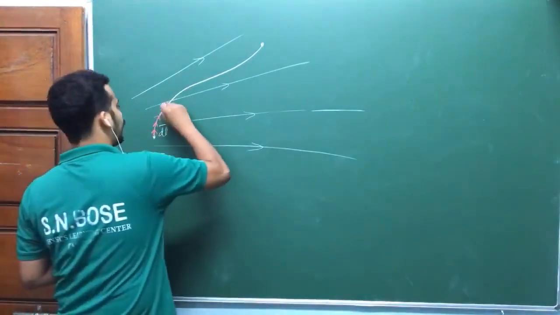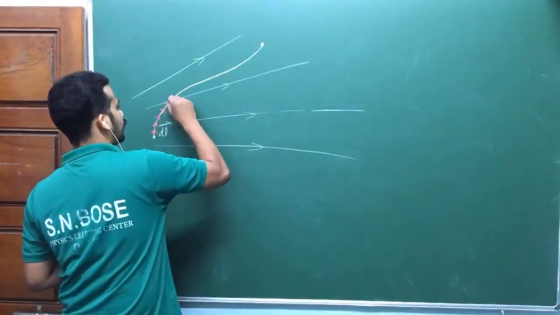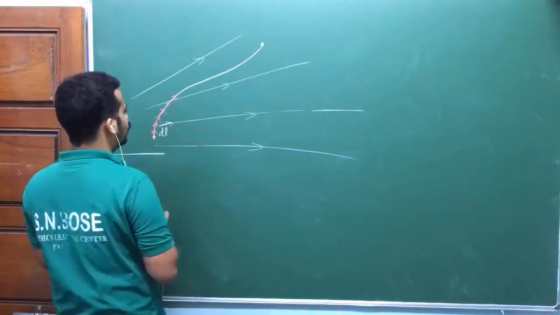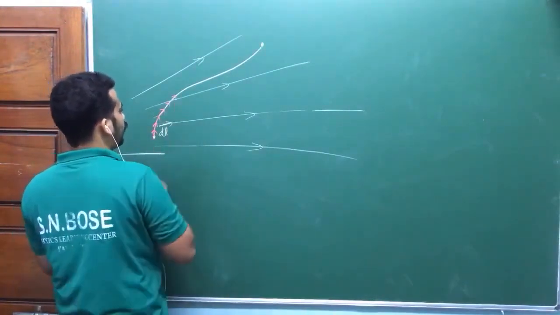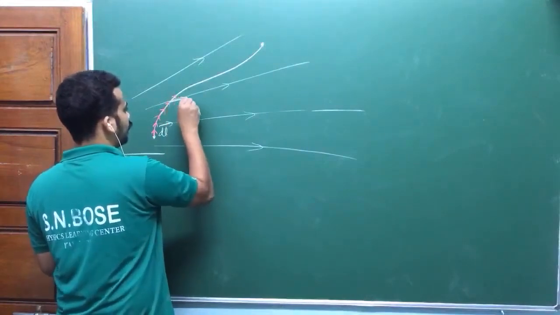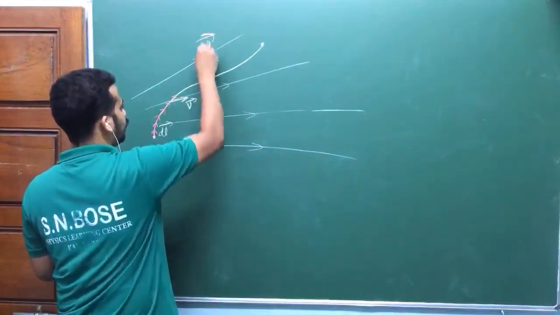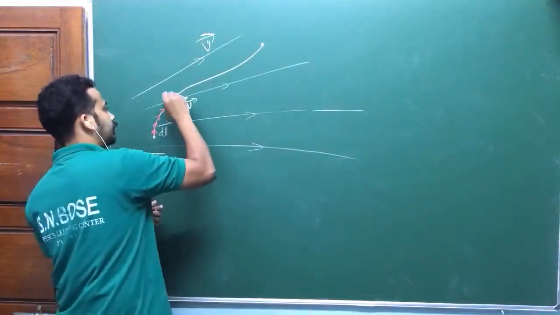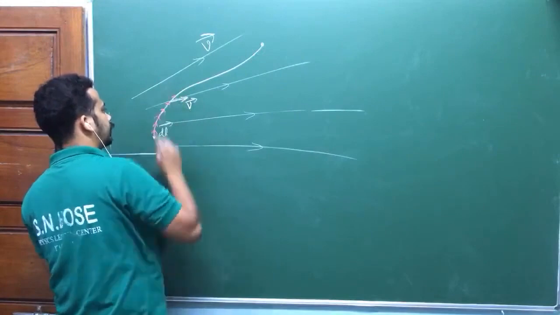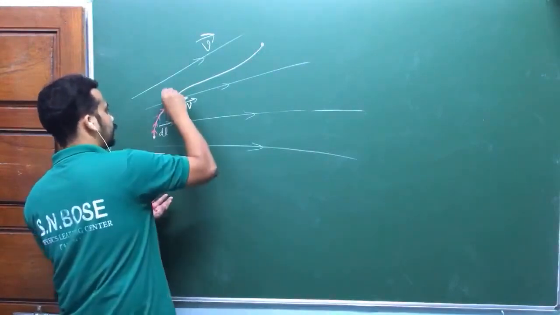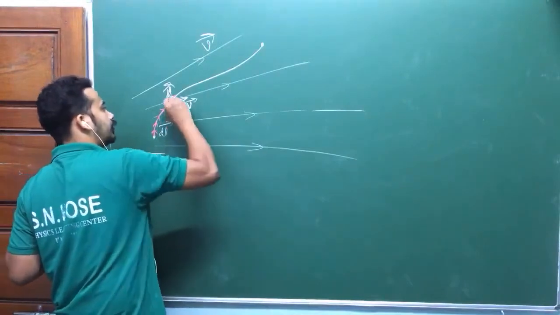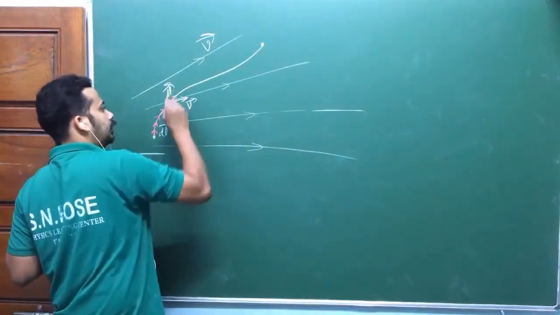So at each and every point, I'm going to take the dot product of my vector field, which I'll call V, with this DL vector. Suppose you take any point here, you have DL vector here and you have V here.